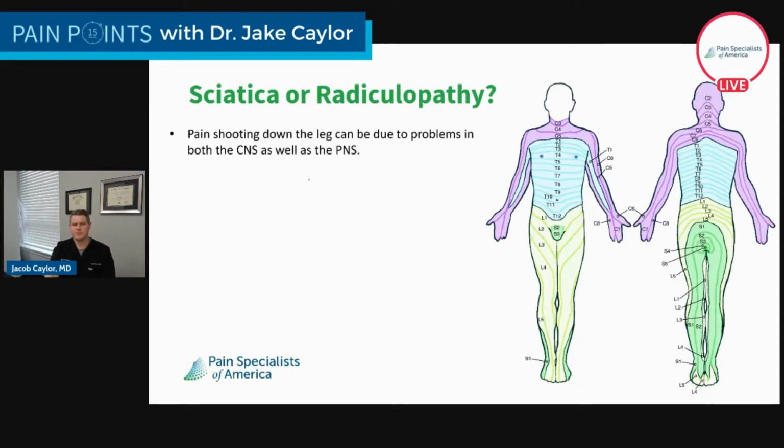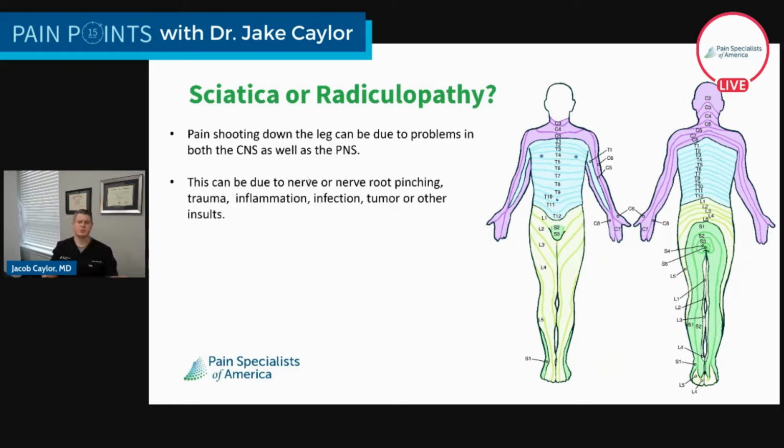So sciatica or radiculopathy, pain shooting down the leg, can be due to problems with the central nervous system, or it could be problems with the peripheral nervous system. This can be due to nerve or nerve root pinching, but it can also be due to trauma, inflammation, infection, tumor, or other insults. These are always things that we have to be thinking about.